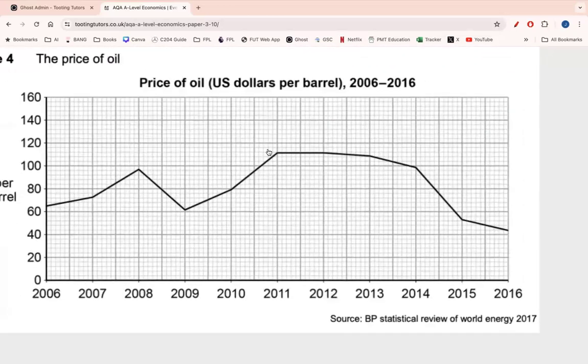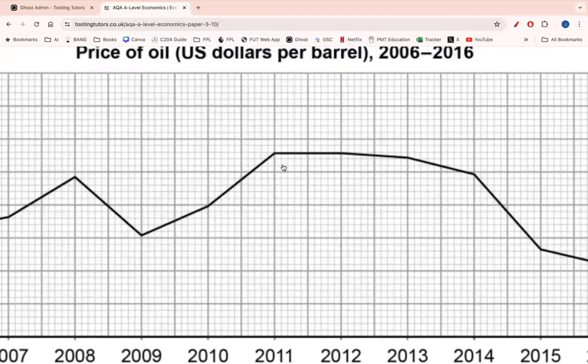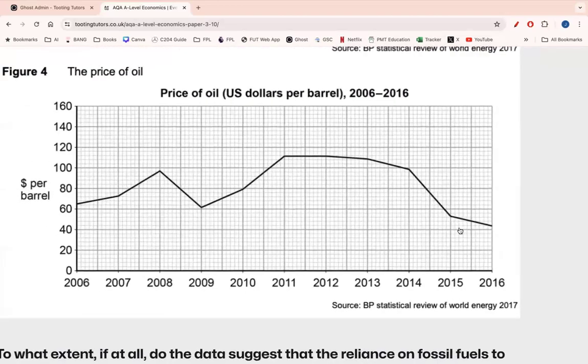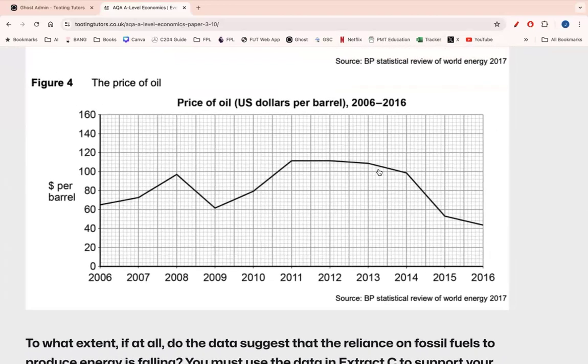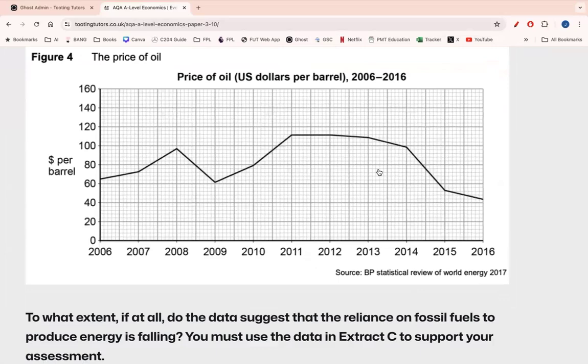The price of oil has gone down from about $112 per barrel to only $44 per barrel from 2011 to 2016. Therefore, in the last 5 years, demand for oil has also fallen.